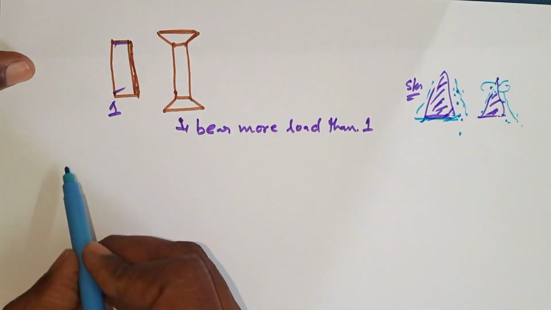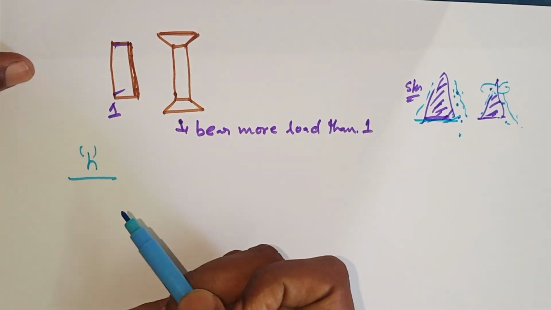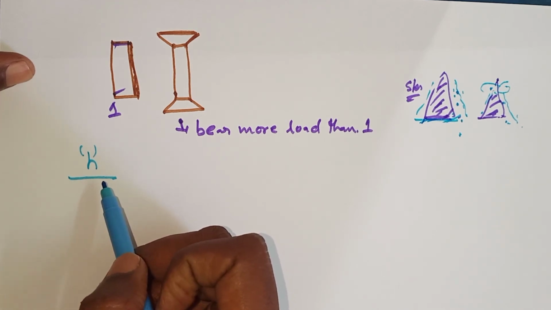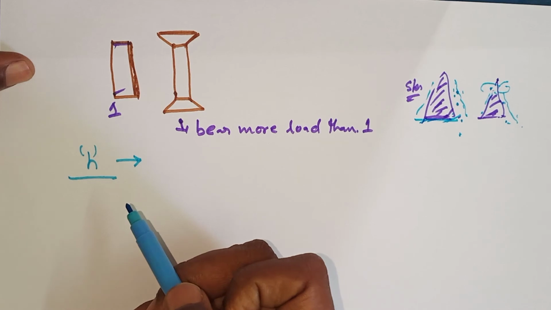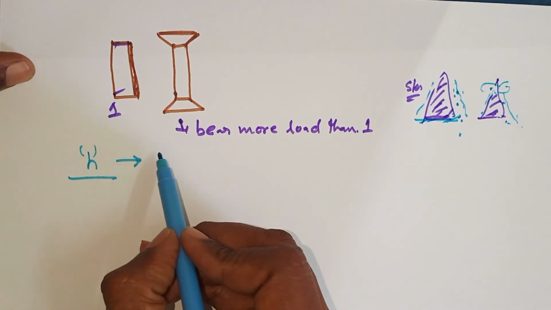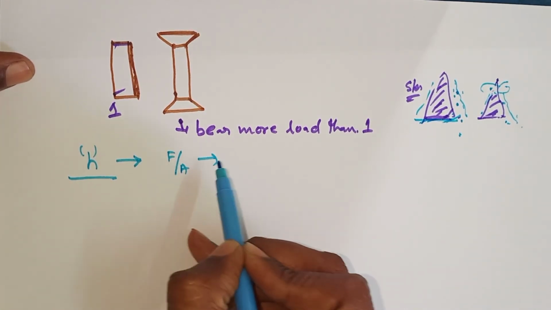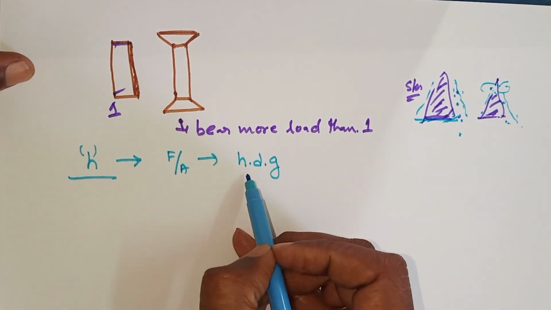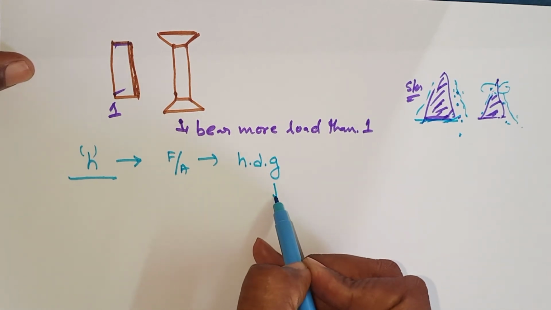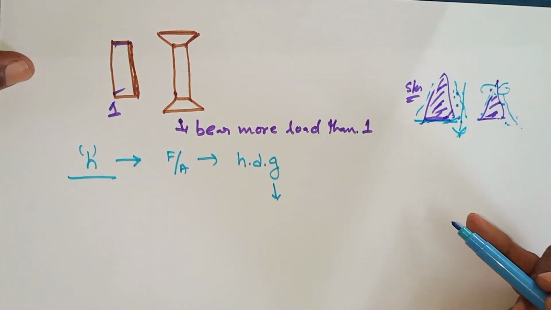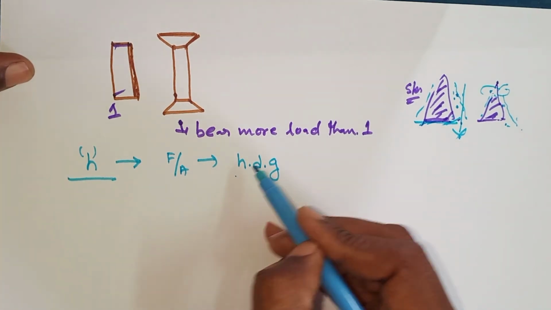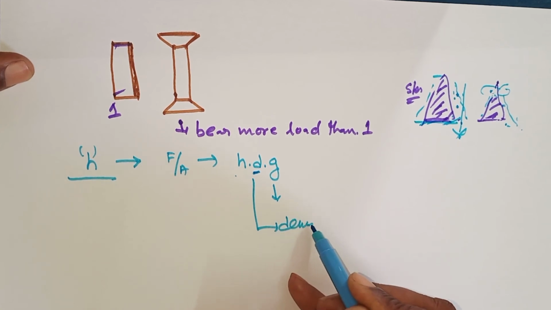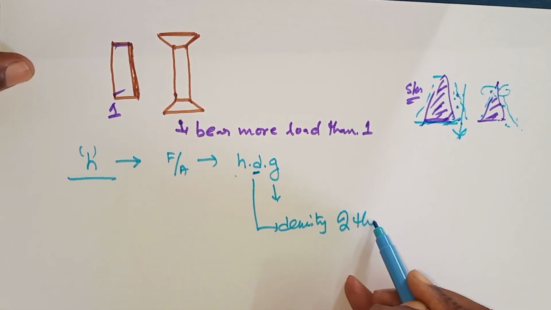Now suppose a mountain of height h. The force per unit area due to that weight is nothing but pressure, which will be h rho g. g is the acceleration due to gravity by the earth, h the height, and rho the density of the material of the rock.